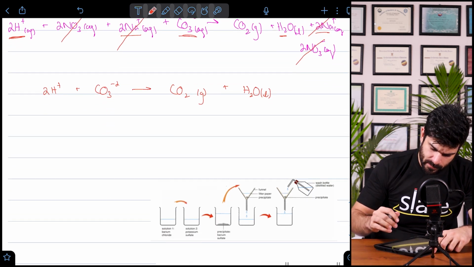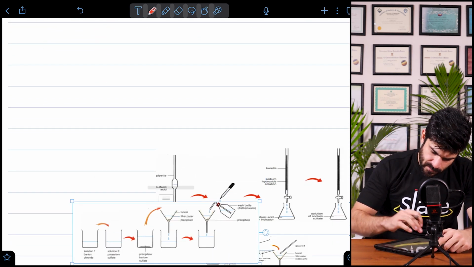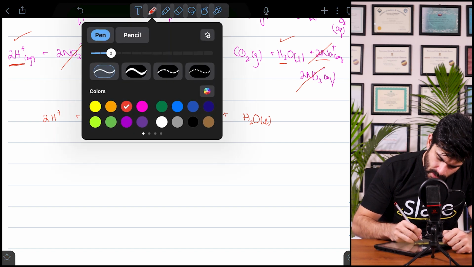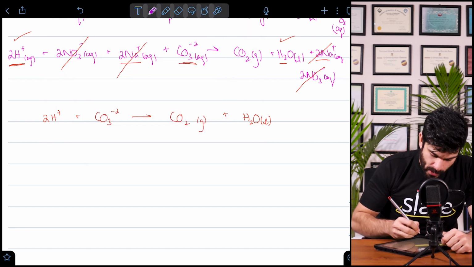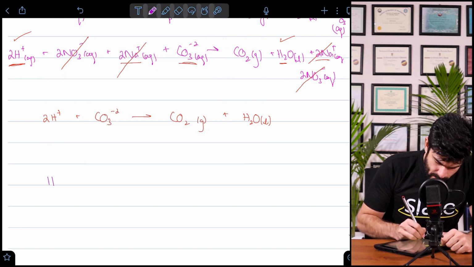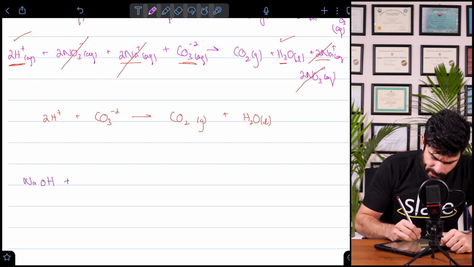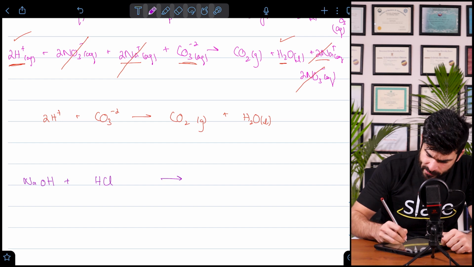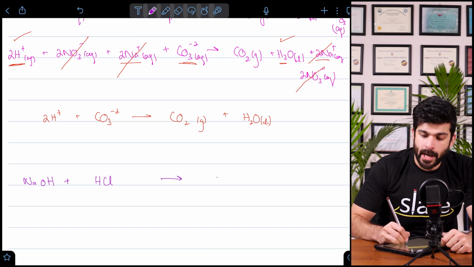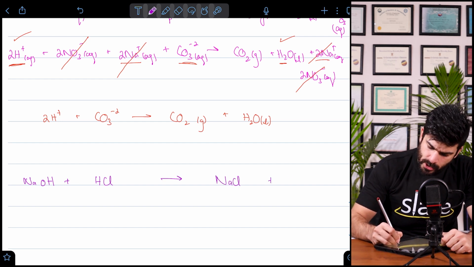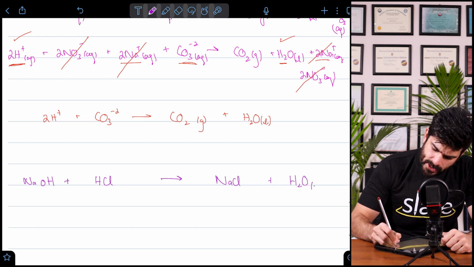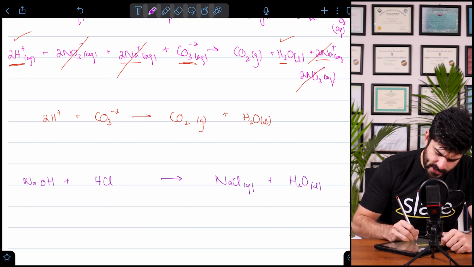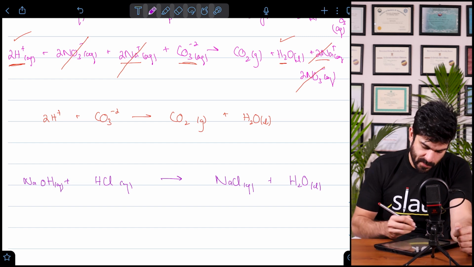Let's do another example. It's a very important one. Sodium hydroxide plus HCl will give us NaCl salt plus water. Water is a liquid, NaCl aqueous, acid aqueous, alkali, it's a water soluble base, so it's aqueous.